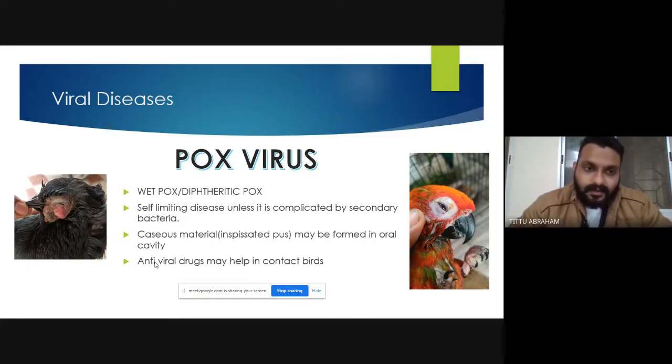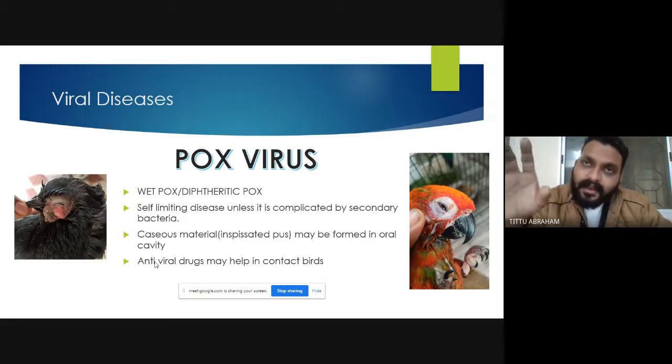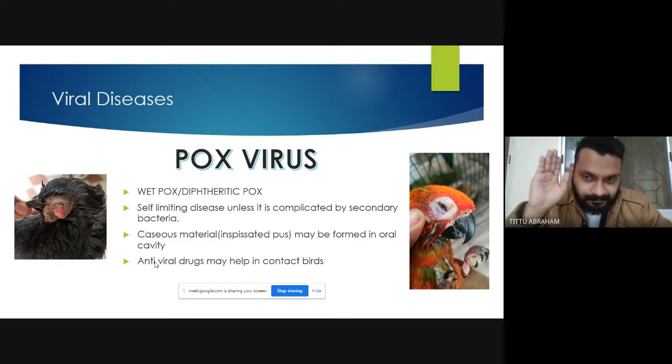You can use antibacterial ointments. In the beginning stage, it starts as a red coloration. Slightly it will change to yellow, and later to dark brown. In that red or early yellow stage, if you apply antiviral drugs like acyclovir, it will definitely show improvement.